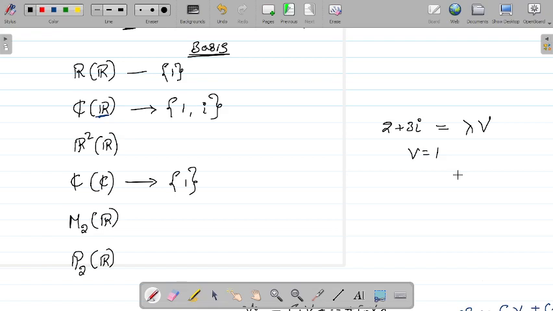I know v1 is 1 itself, plus lambda 2 times v2, which is minus i. So what is the choice of lambda 1, lambda 2 from this real number set? I'll take lambda 1 to be 2 and lambda 2 as minus 3. Minus 3 is available from real numbers, right? So I get 2 plus 3i. That's it. So I am able to express every element as a combination of these.